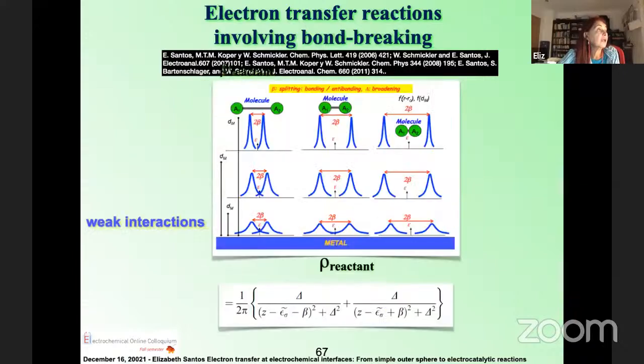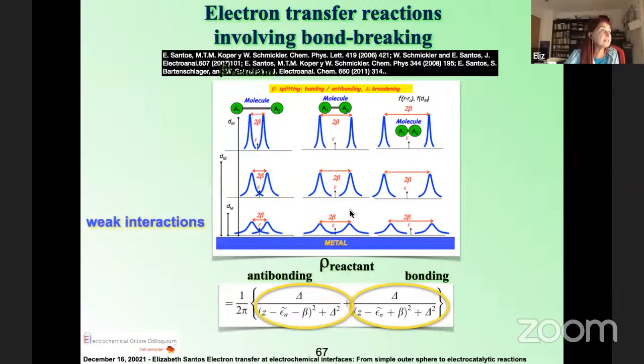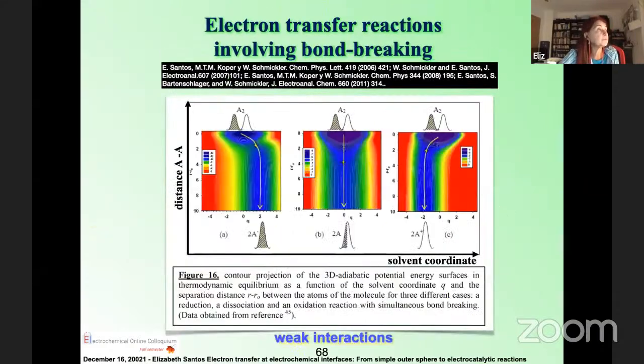And if the interaction with the system is larger, we can use the wideband approximation, for example, and have this Lorentzian form for the density of states, where we have bonding and anti-bonding orbitals described with the interaction with the solvent that changes when the molecule approaches the electrode.